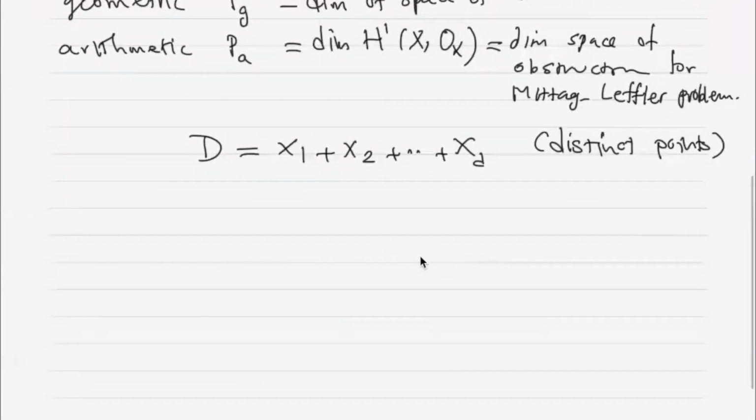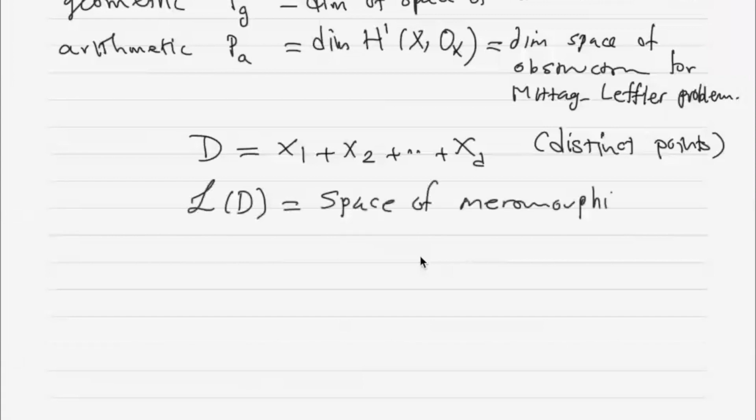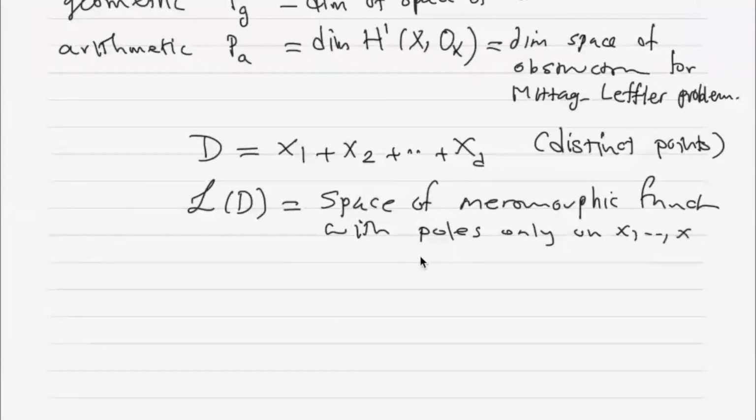Okay, now L(D) has a very simple description. It's the space of meromorphic functions with poles only on x1 up to xd and only simple poles.